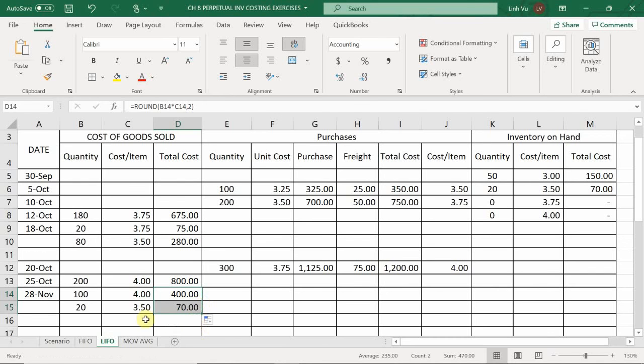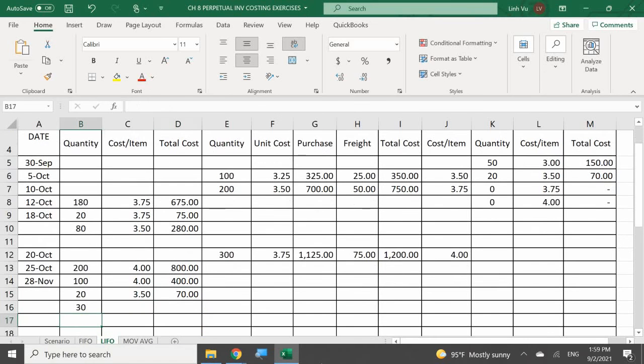And then we still need 30 from the $3 batch.